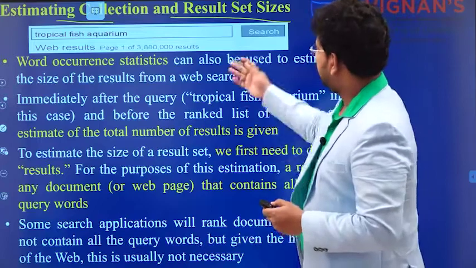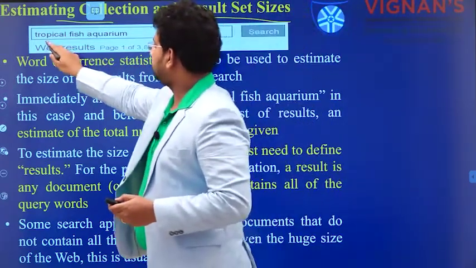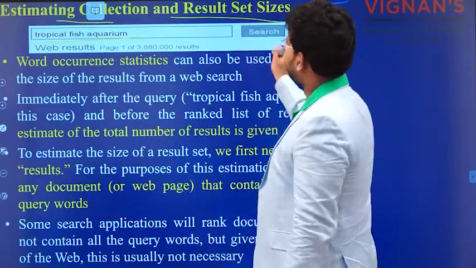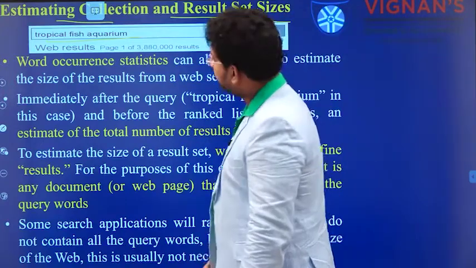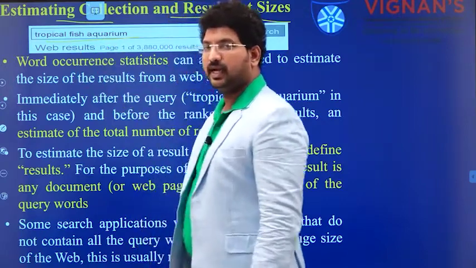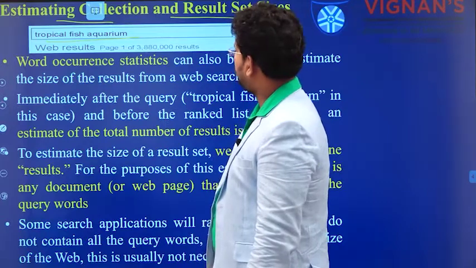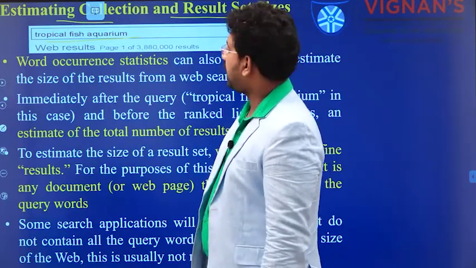If you see here, this is the user interface you find at Google. You enter www.google.com, then you are able to find a text box here. In the text box you enter the query like this: tropical fish aquarium. Whenever you enter the web search query and hit the search button, you are able to retrieve the information like this.